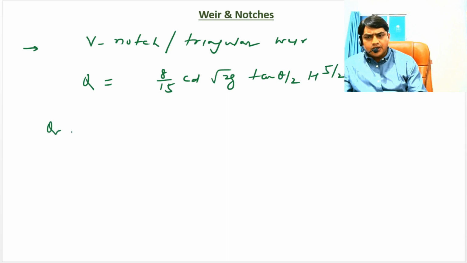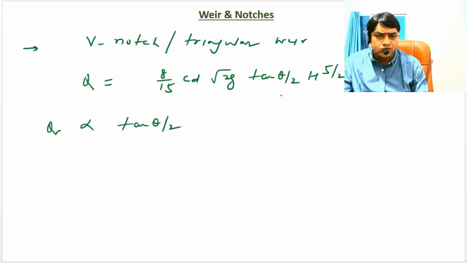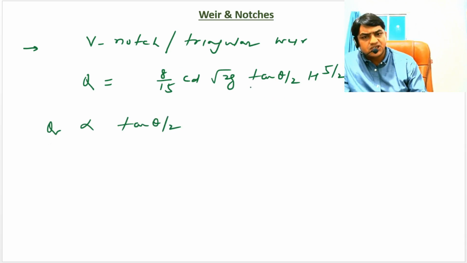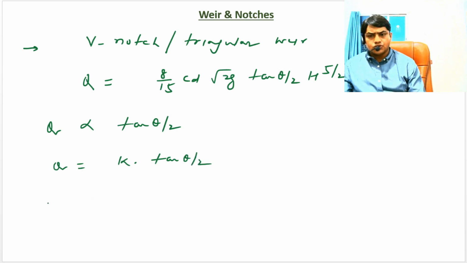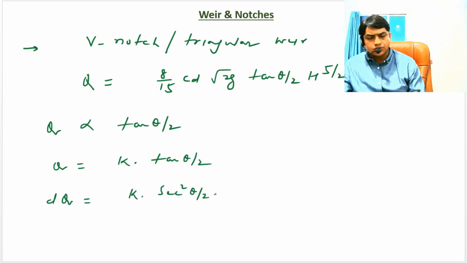So Q is directly proportional to tan theta by 2. If H is constant, Cd is constant and theta varies, we can write Q is equal to K into tan theta by 2. So dq can be written as K into sec square theta by 2 into d theta by 2.